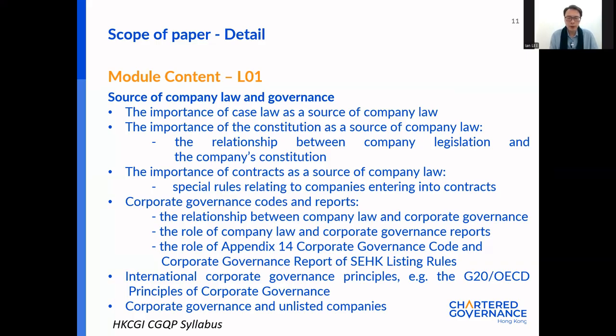Then the corporate governance codes and reports talk about the relationship between company law and corporate governance. So people generally believe you set up a company to make profits. Okay, that's why you set up a company for business. But in modern days now, the expectations are higher, and you expect them, in addition to making profits, you also have corporate governance. So corporate governance a lot of the time is when you have the directors managing the company on behalf of the shareholders.